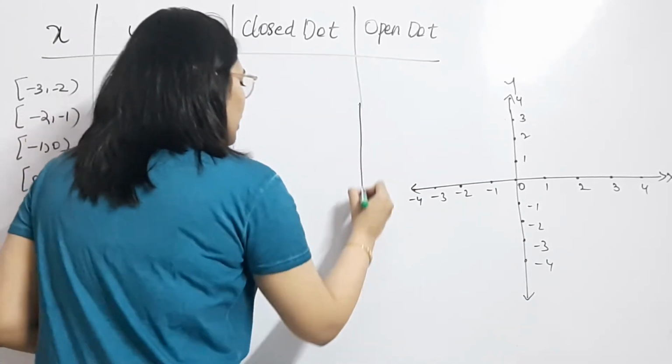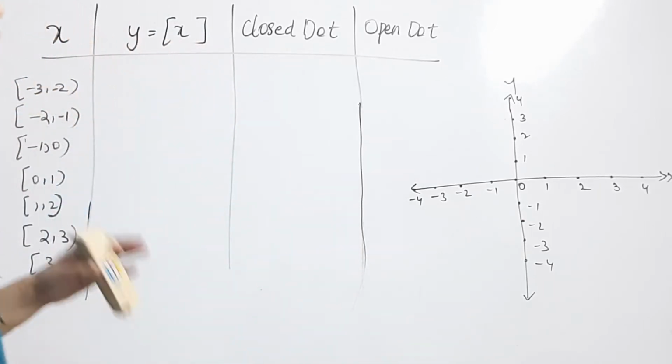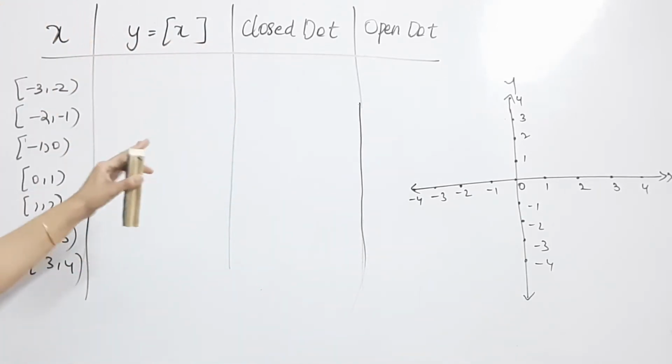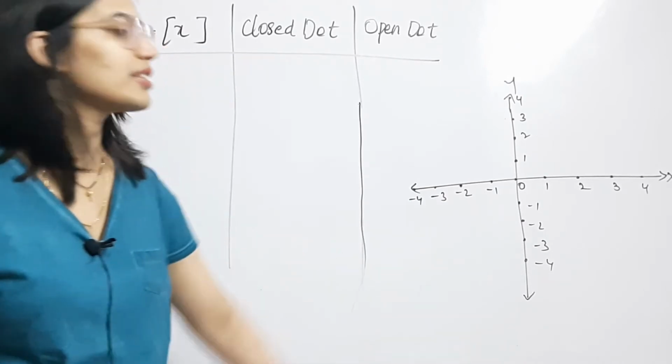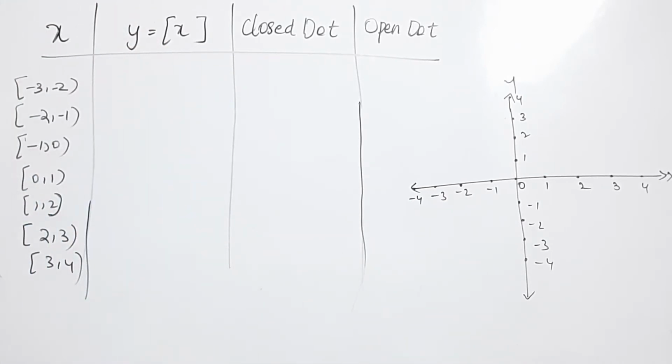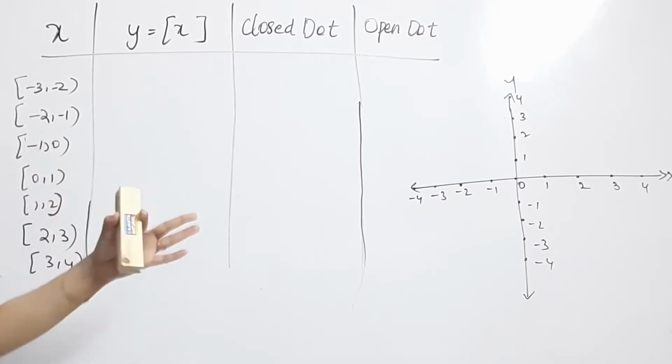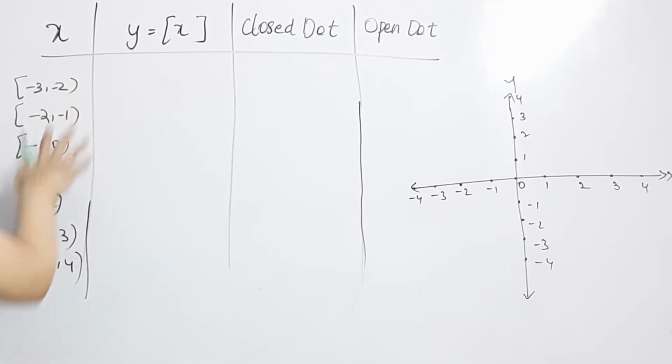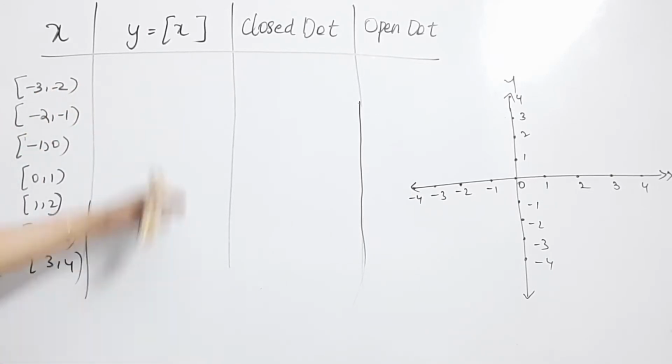Now, using this knowledge, I have taken the liberty to draw a few intervals here so that I can represent these in this graph. I have built up a table as I usually do for plotting any graph. I have written the x value here. I said that x falls between this range, and I want to find the step of x for this range.